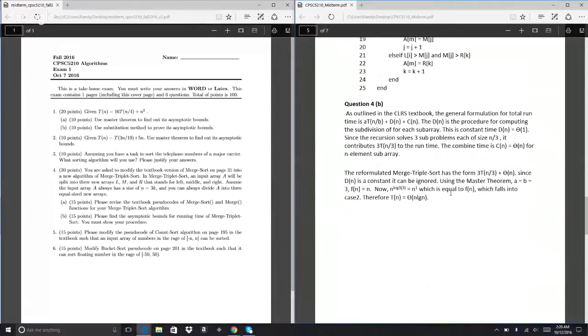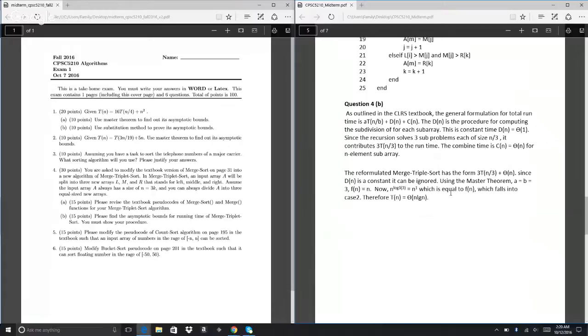The second part to this is please find the asymptotic bounds for the runtime of the merge triple sort. So following the textbook's outline, the general formulation is A times T of n divided by b, the number of subproblems and the size of each, plus D of n, which is calculating how wide the subdivision should be, plus C of n, which is your time required to combine them.